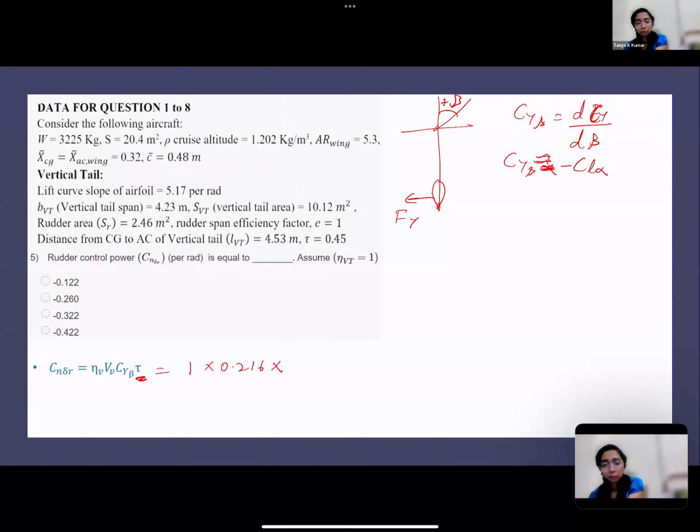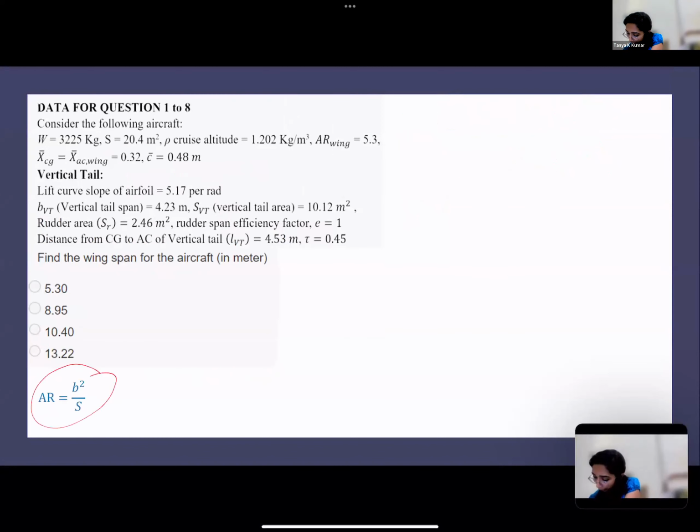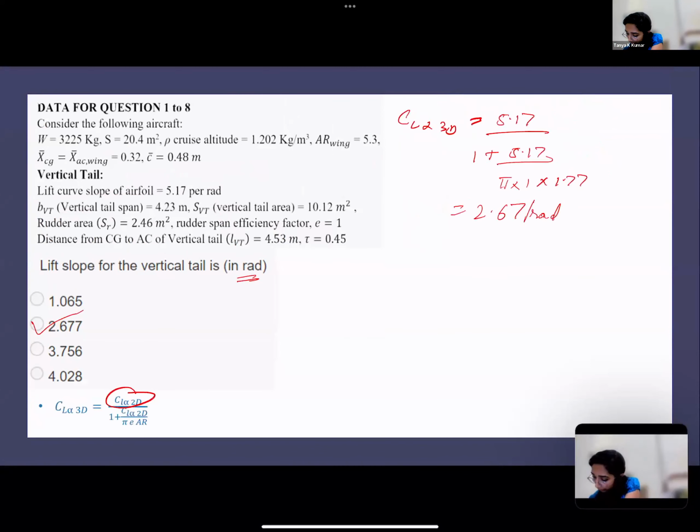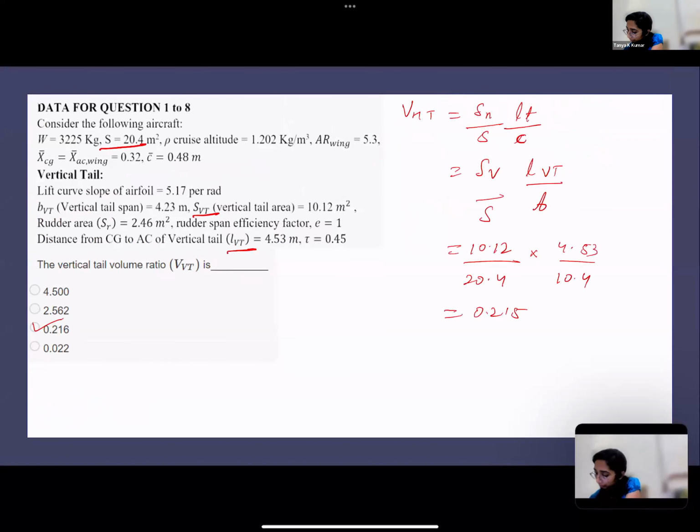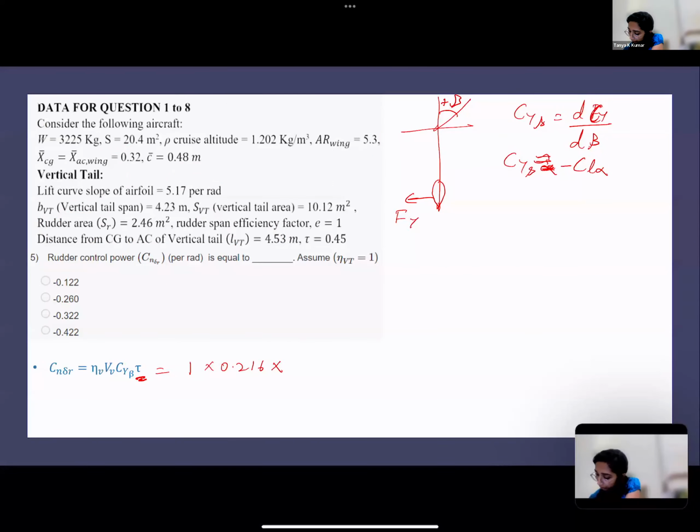Lift curve slope we had found in one of the previous questions. Yes, here. So it was 2.677. So I just substituted, it's negative 2.677 into tau is 0.45. So your final answer, because we know our Cn delta R should be negative, there will be a negative sign and all of your options are negative.